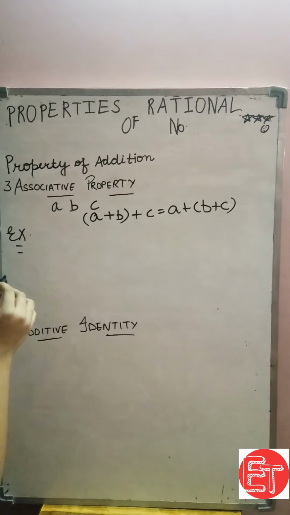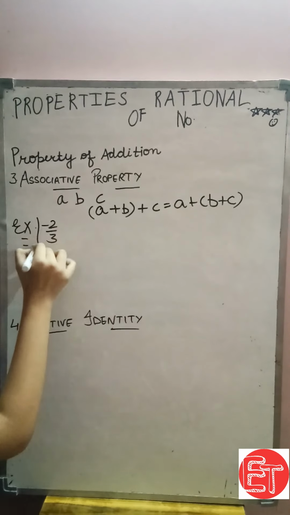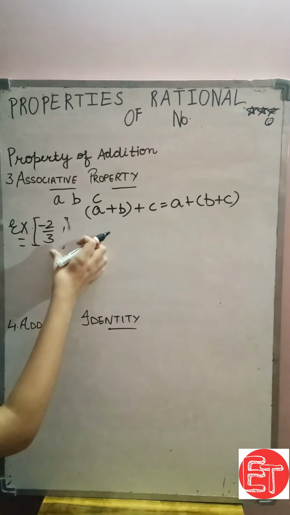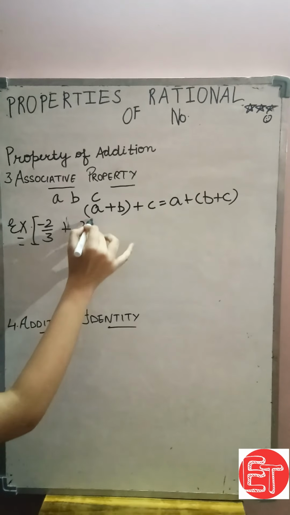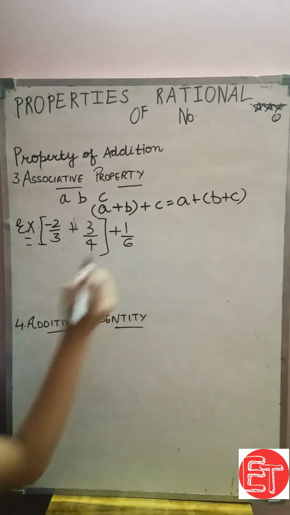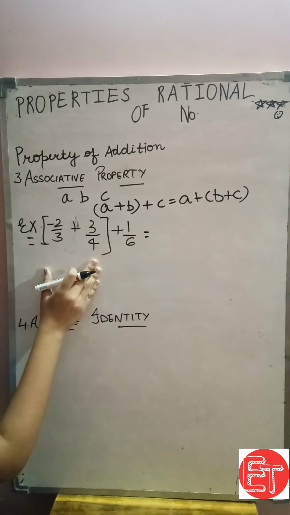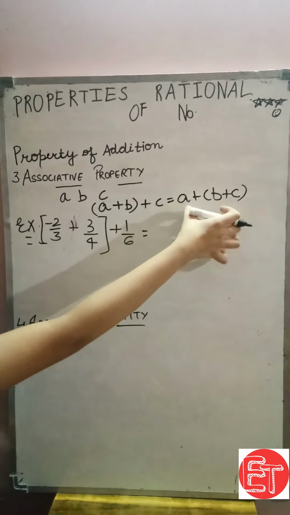So our example is minus 2 upon 3 bracket plus 3 upon 4 bracket close plus 1 upon 6. First of all we need to solve our brackets, we all know this. This is already given in the question, we need to take out this part.